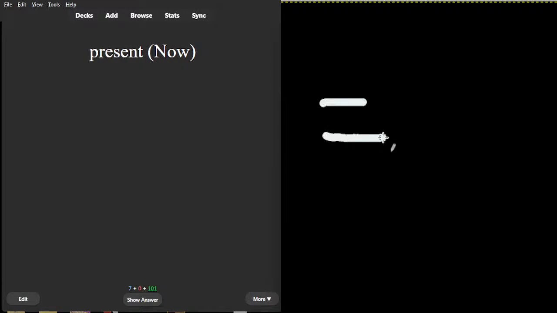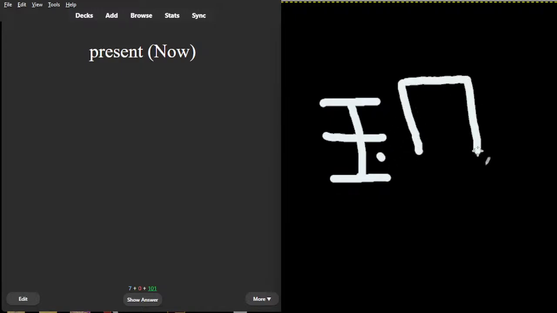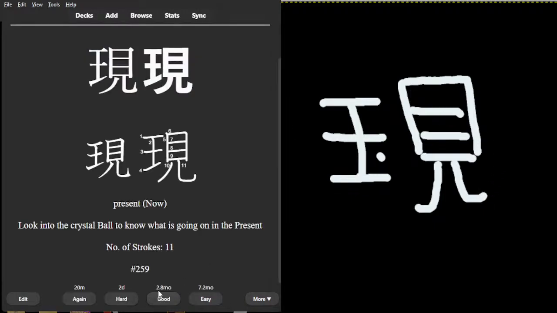I use my crystal ball, which is kind of the same thing, to predict the present or what I see. Yeah, you look into the crystal ball to see what's. But there's not this dot.